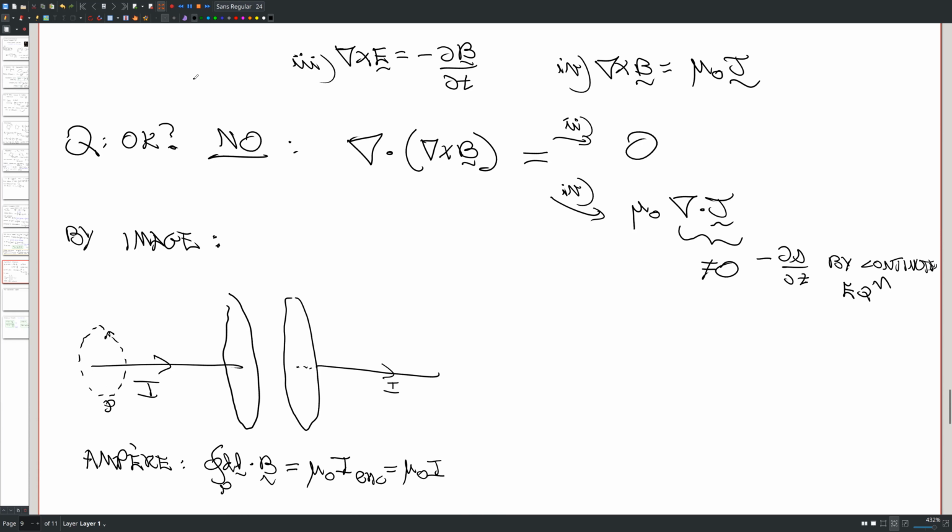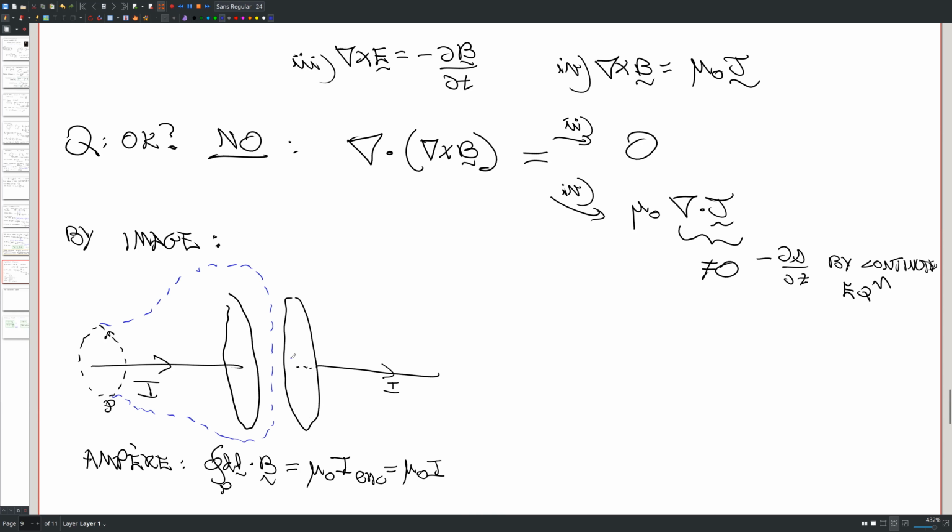So that's working up to now, because I've got my current, I've got a magnetic field induced by that current, and I get the result I expect. But let's imagine now that I'm doing precisely the same loop integral, but now my surface is a kind of bubble, a kind of bottle, going in between the plates of the condenser.